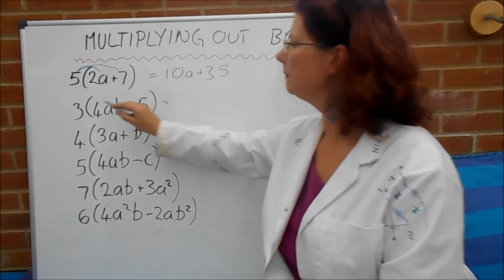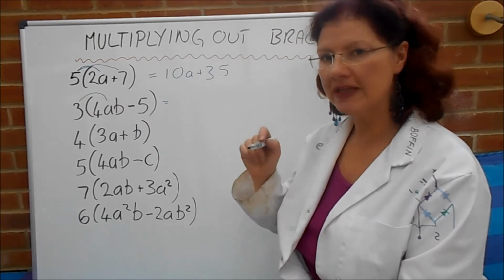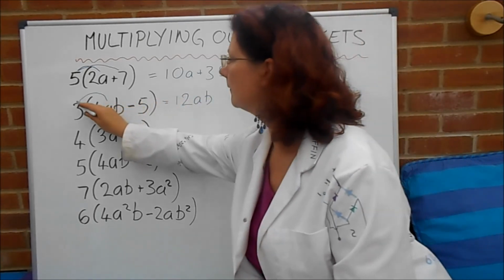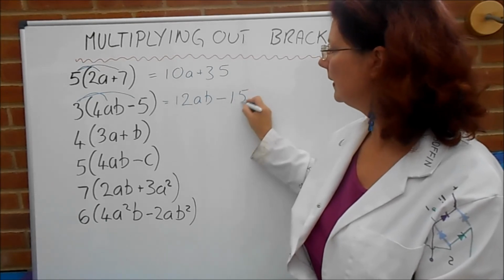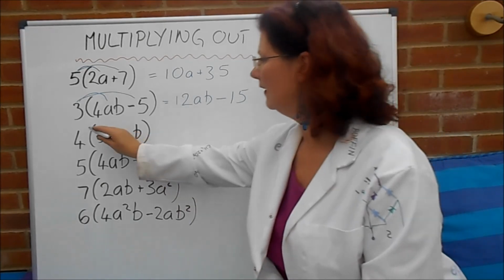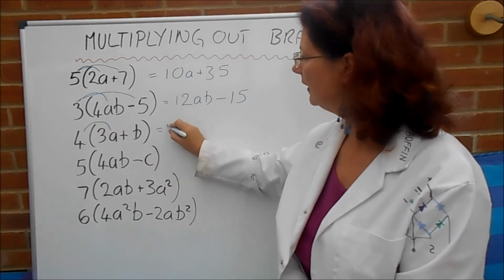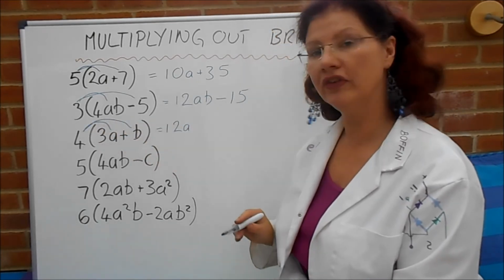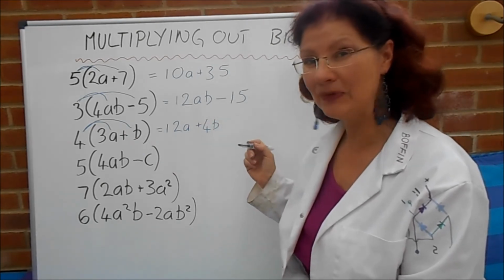For the second one, 3 lots of 4AB, so that's 3 times 4 times A times B, is 12AB. 3 lots of -5, got minus 15. Hope you got that negative. 4 lots of 3A is 12A, and 4 lots of B is 4B. Pretty simple really.